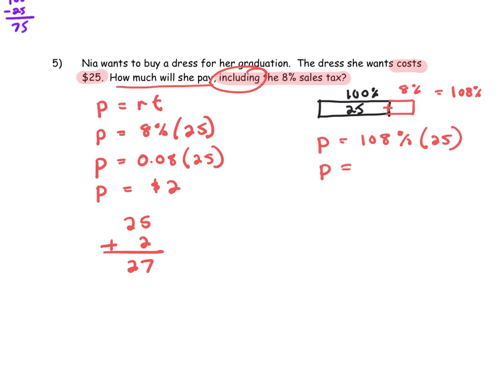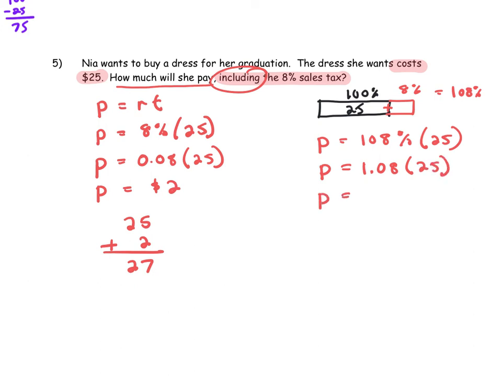How much would 108% be in decimal form? It would be 1.08. So again, if we look at this, this looks like $1.08. We're going to spend that 25 times.